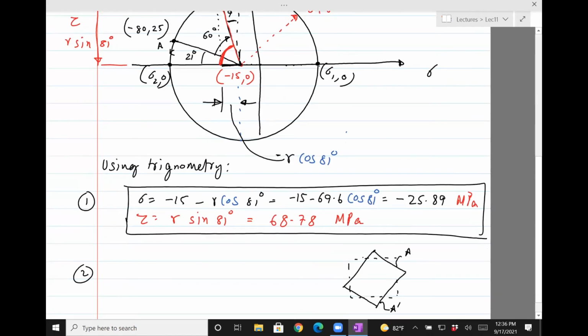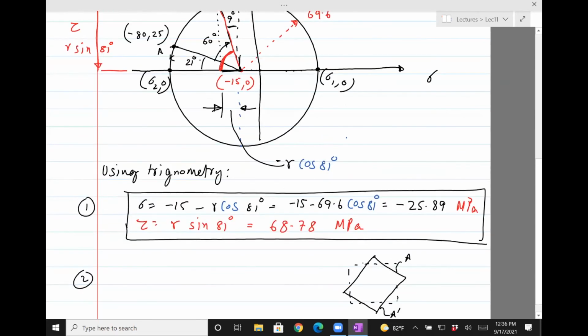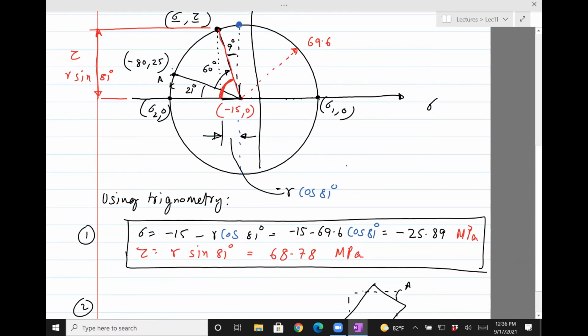Now, the issue here is that we only found stresses for A, right? We rotated it, we did not find stresses for B. So for every stress here, there's a complementary stress point here, and we need to find the stress right here. So sigma and tau. It turns out that the tau coordinate is not hard, it's just the negative of the previous one.